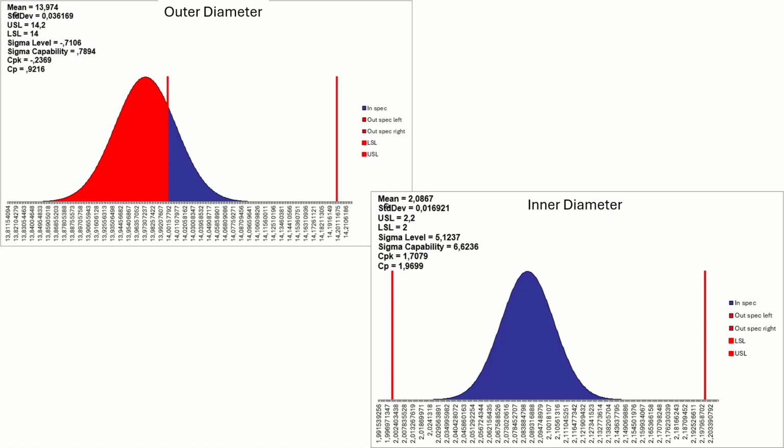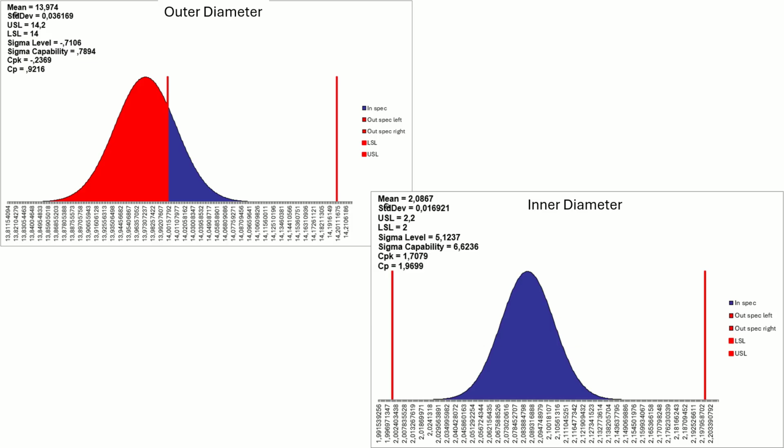So we can see the two CPKs here. Now what we've got is, it is the outer dimension which is off, it is off center, but you can also see the CP is below 1, which of course means that even if we center this thing, we have a problem.